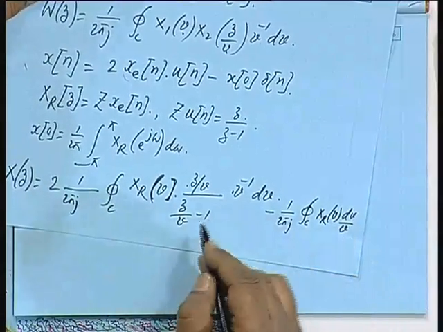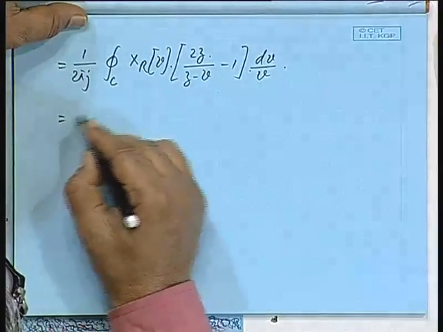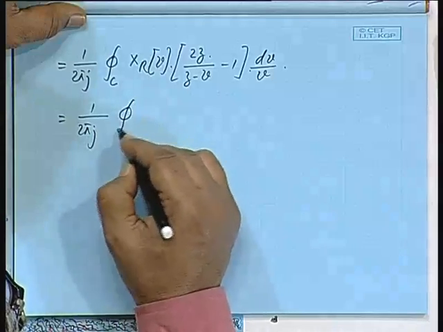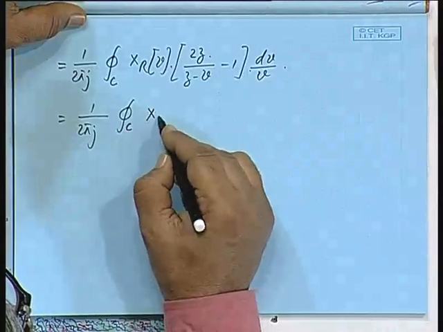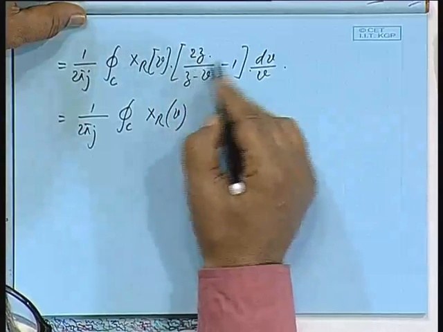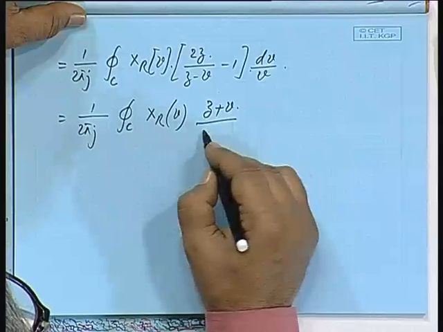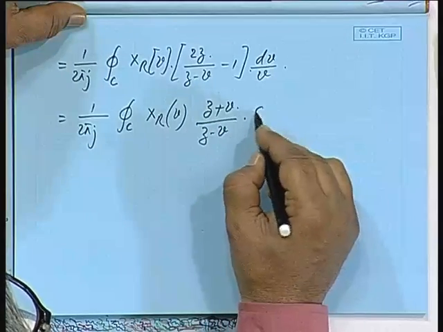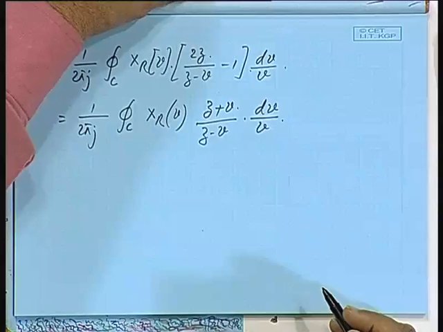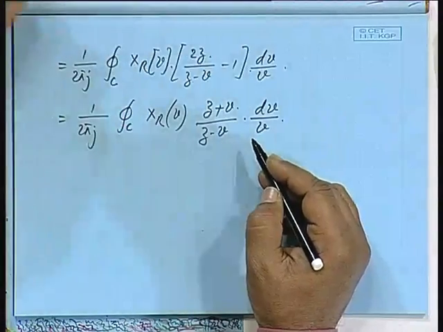So, this is dv by v only, that is equal to 1 by 2 pi j, X_R(v). If you simplify this, this will become z plus v by z minus v into dv by v. This is what we wrote in the beginning. So, this is the proof.